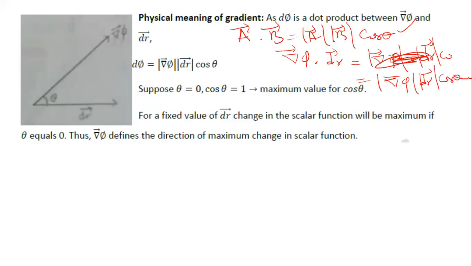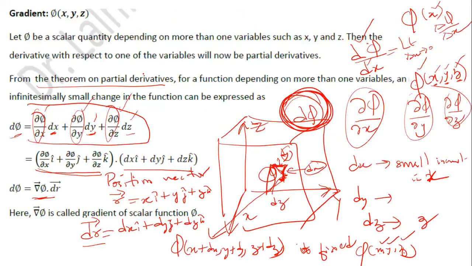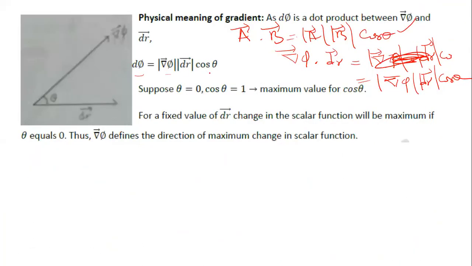So from this relation, if you take a dot product between these two, this is what you are going to get.